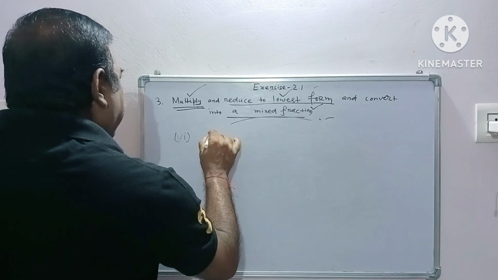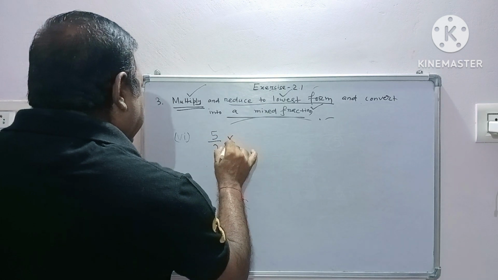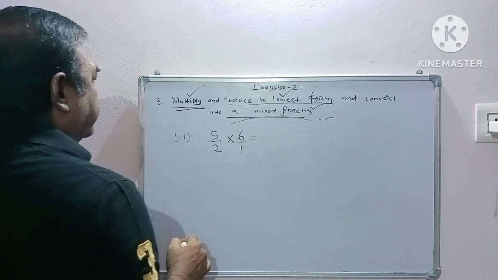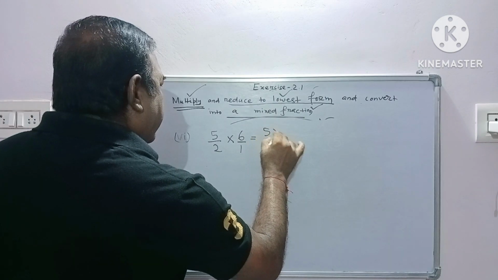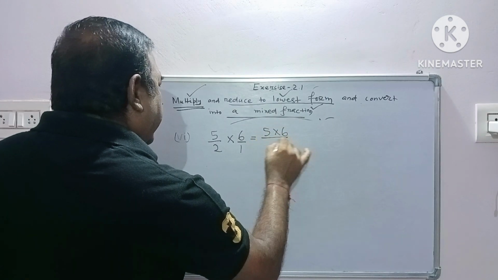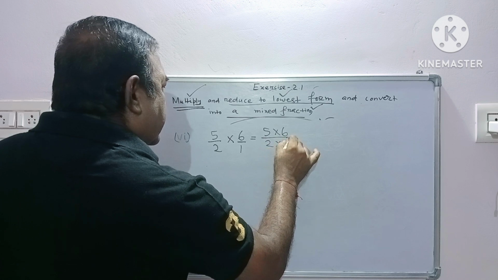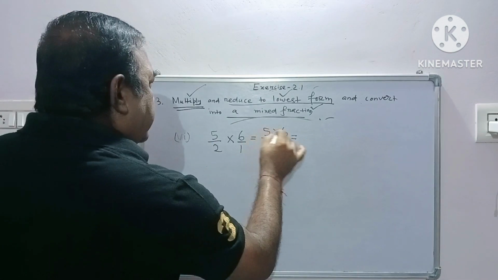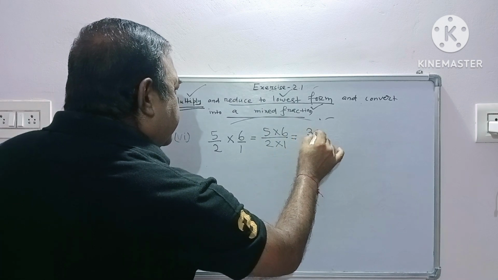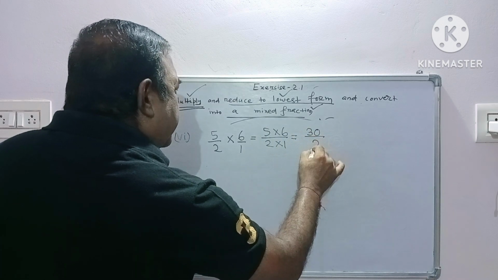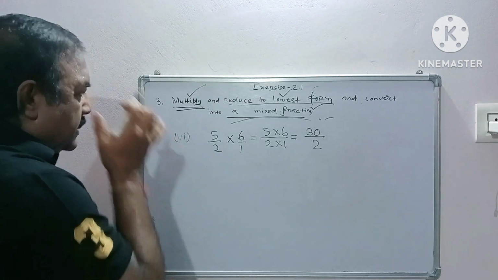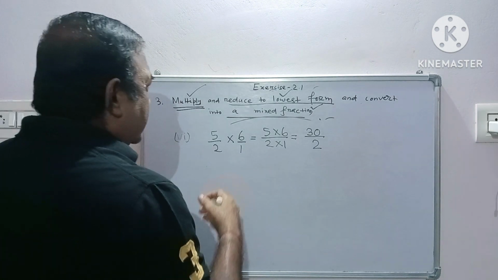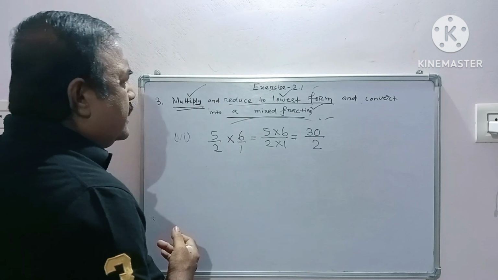Here 5 upon 2 into 6. 6 means 6 upon 1. So you see 5 into 6 whole divided by 2 into 1. That is equal to 5 sixes are 30, or 30 upon 2. Now you bring it into its lowest form.